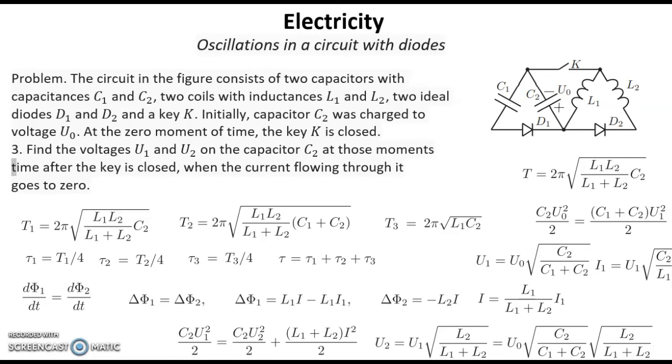Find the voltages U1 and U2 on the capacitor C2 at those moments of time after the key is closed, when the current flowing through it goes to zero. And we already found these expressions. This is the expression for U1, and this is the expression for U2.